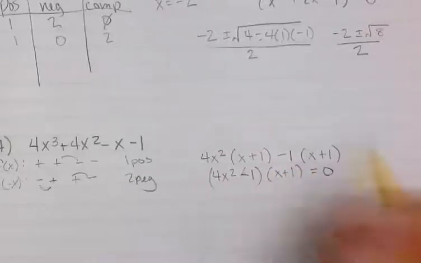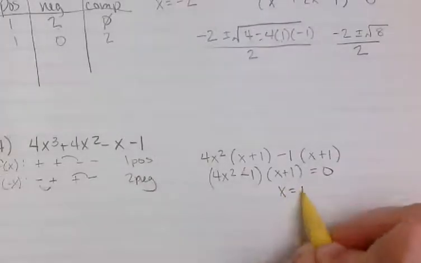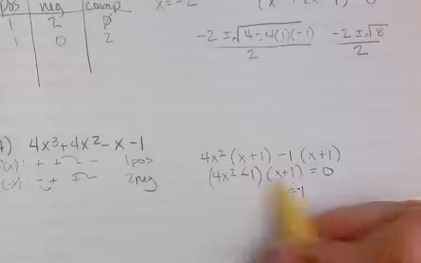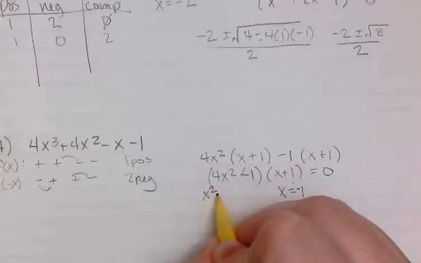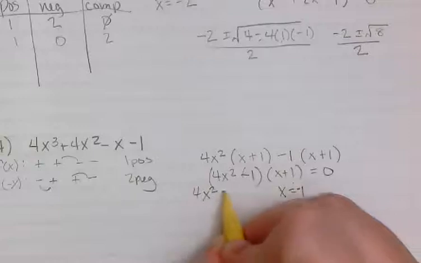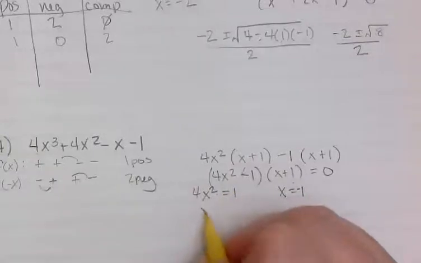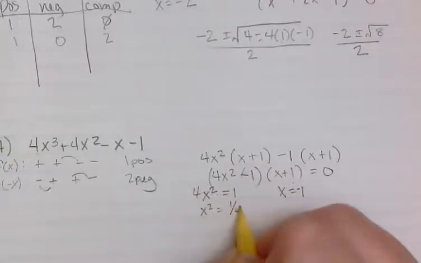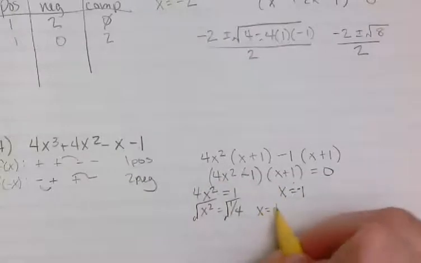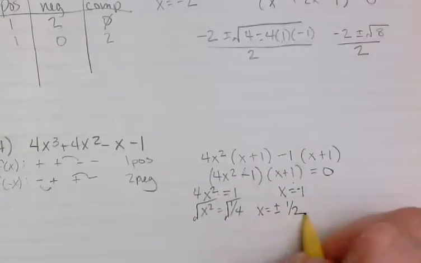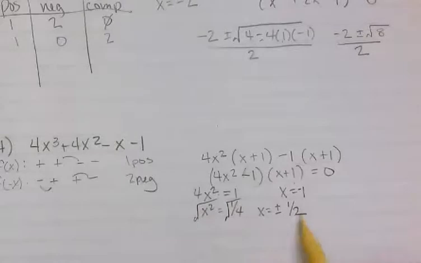Set them both equal to 0. So I have x equals -1. From here, setting this one up, I have 4x squared equals 1. Divide by 4 on both sides: x squared equals 1/4. Take the square root of both sides: x equals plus or minus 1/2. So one positive answer and 2 negative. So it's the original scenario.